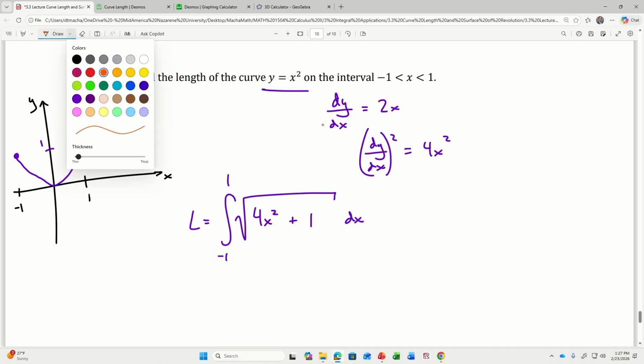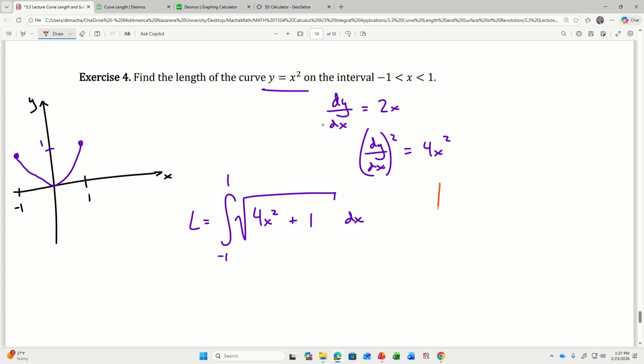Okay, so I'm going to need to use trig substitution, because I've got something squared, like a variable squared plus a constant squared. Where I see like u squared plus a squared, so I'm going to set u equal to a tangent theta, and that means 2x is equal to 1 tangent theta.